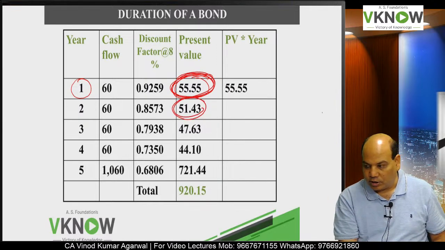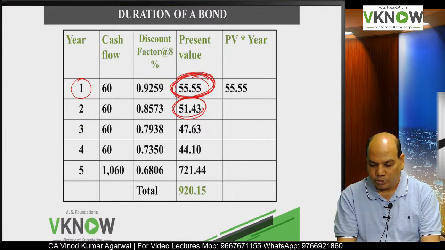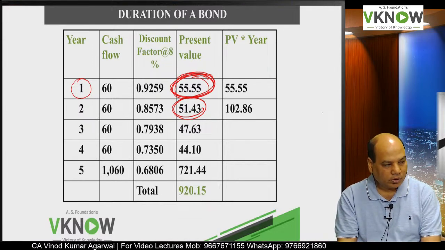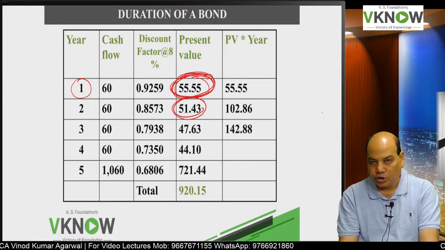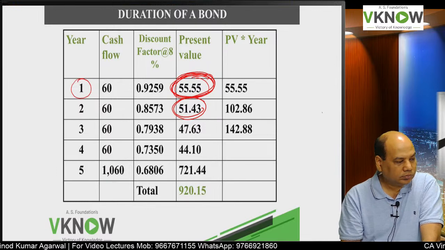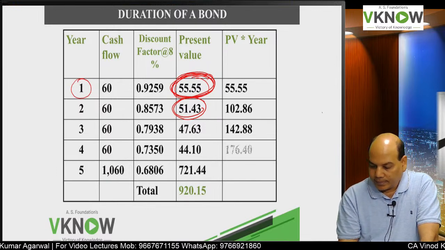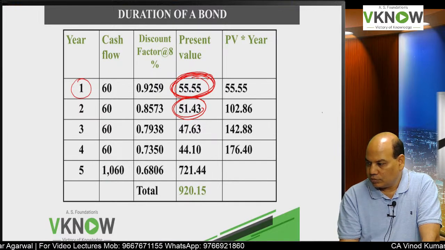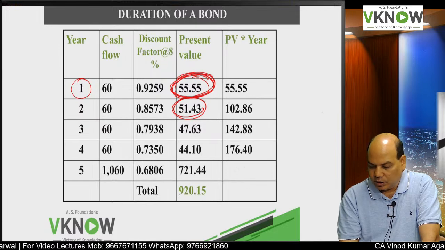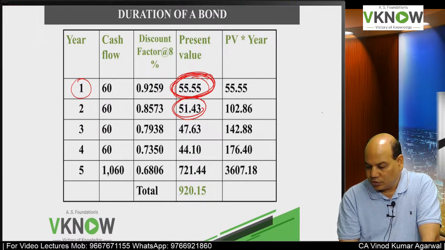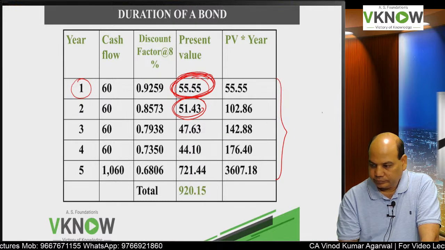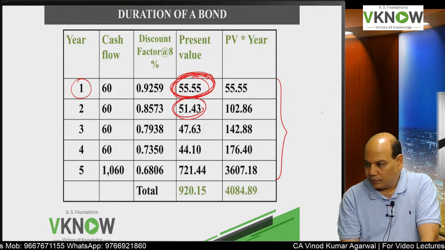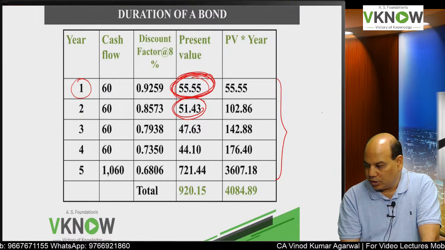So please multiply 55.55, then 102.86, 142.88, 176.4. Please reply 3607.18, and tell me the total of this also. 4084.89.